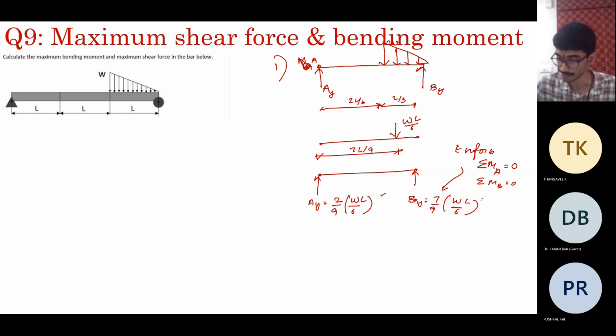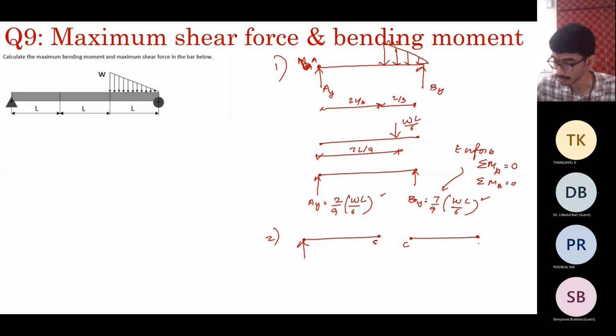You'll get this directly. Once you have determined this, split the beam into two parts. One is this part where you have AY acting. Call this point C. There are certain unknown forces here, but you need not worry about them. What we want is the maximum bending moment and shear force. And consider this portion CB.